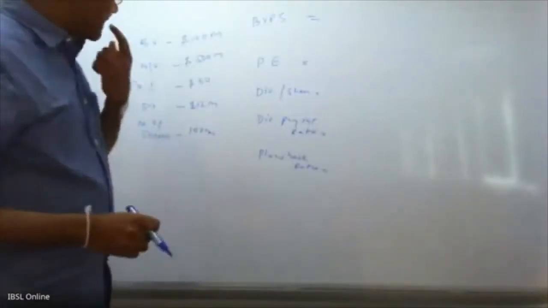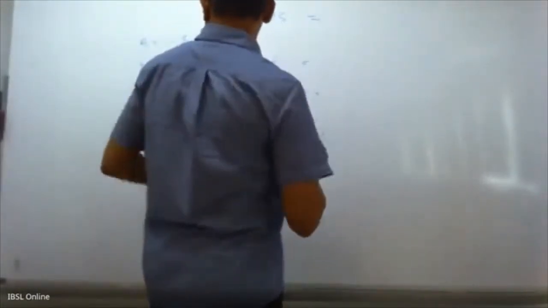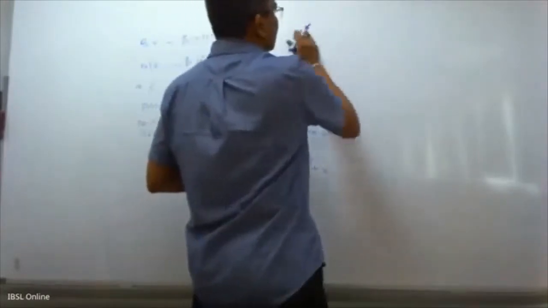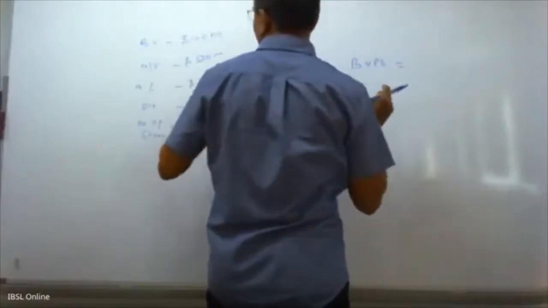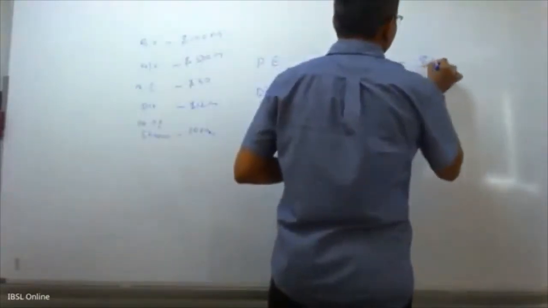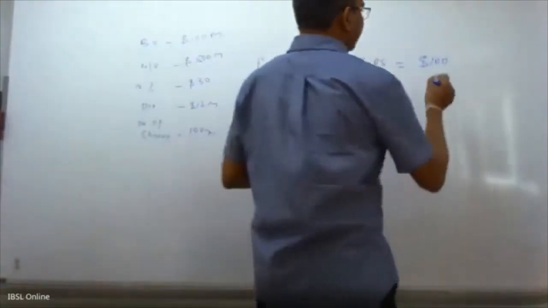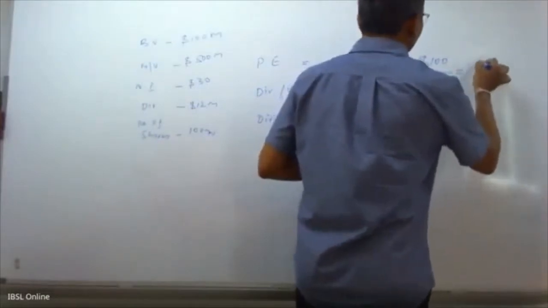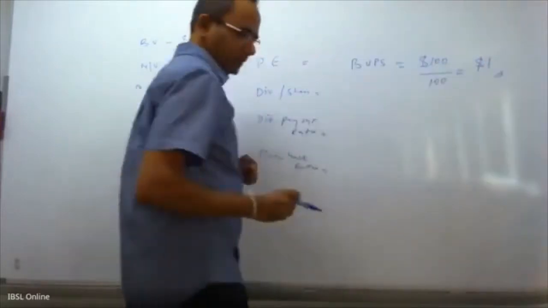So book value is what? Total book value is 100 million, and you have 100 million shares. So the book value per share is $1, right?